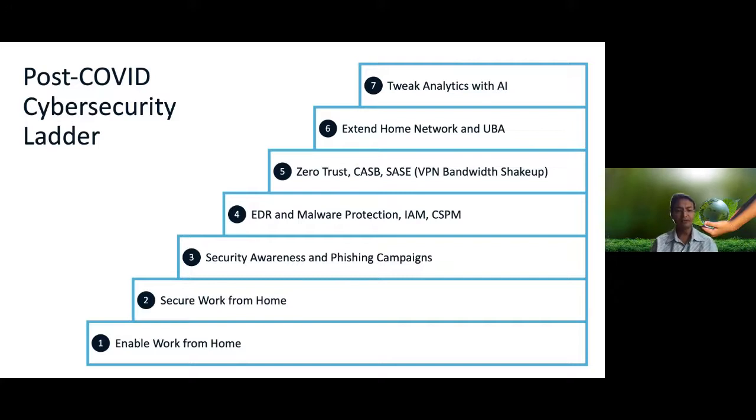Then what we started doing, guys, was security awareness and phishing campaigns and secure work from home. So we started training people. Go back to those days where you just had to shelter in place. What do we do, right? So we enabled work from home. We asked, what is the threat? So we did a threat modeling exercise.